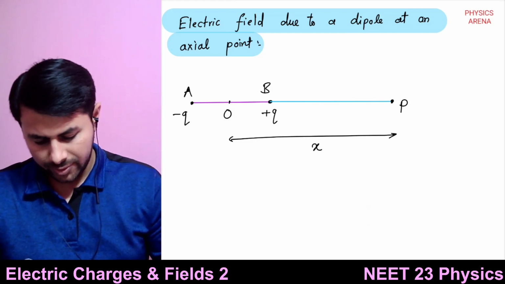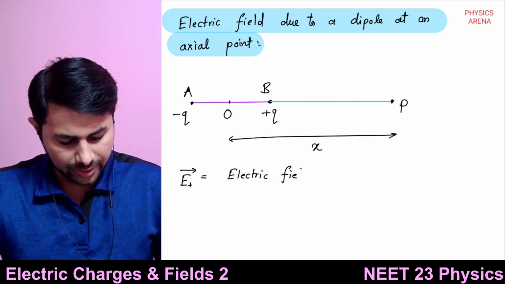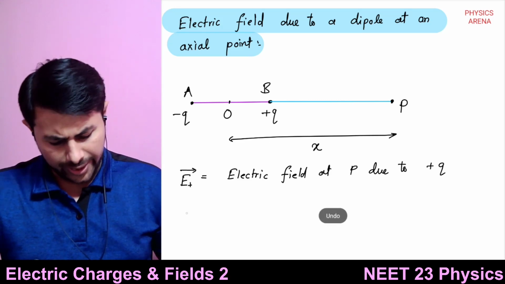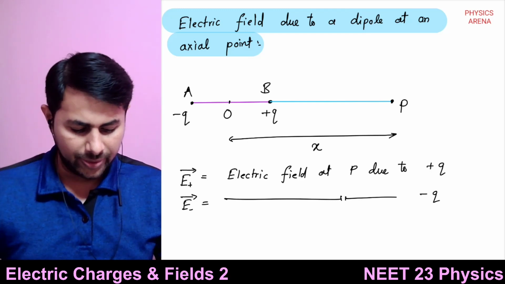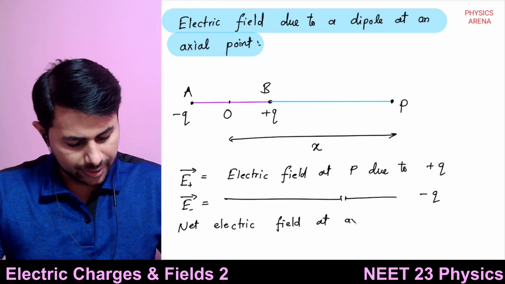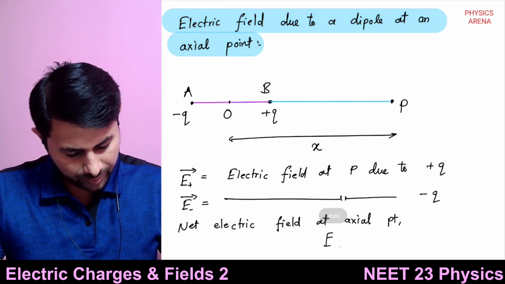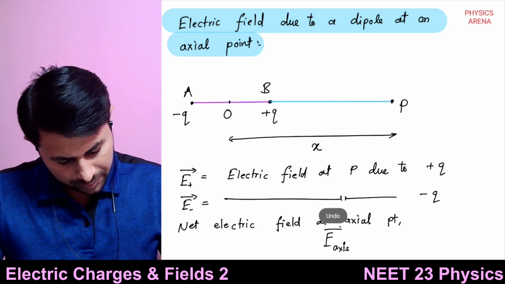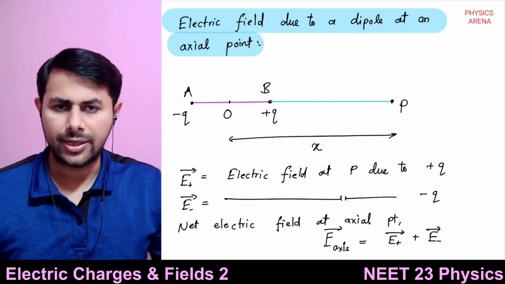This is clear. Then once again, let's suppose E plus bar is the electric field at P due to the positive charge plus Q, and E minus bar is the electric field at point P due to minus Q. So the net electric field at the axial point, let's call it E axial bar, is equal to E plus bar plus E minus bar, the vector sum of the two electric fields.